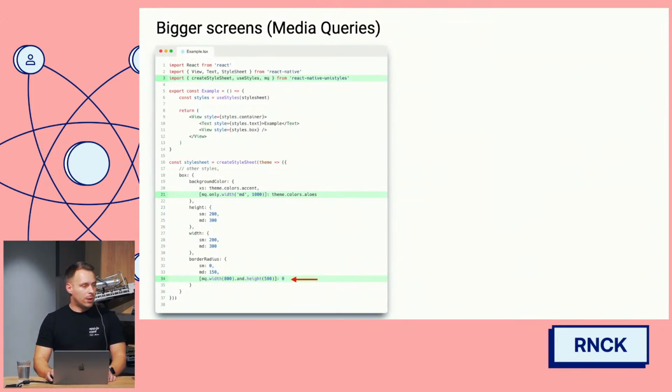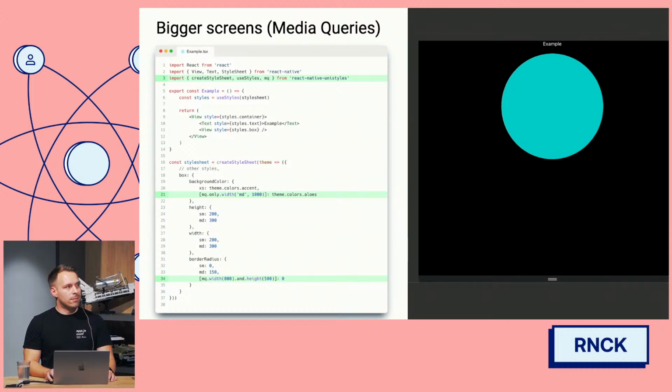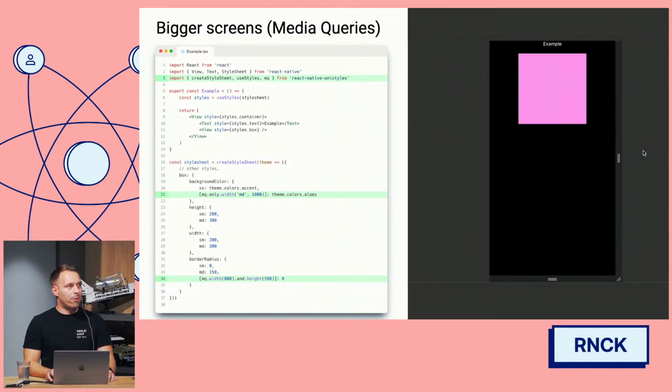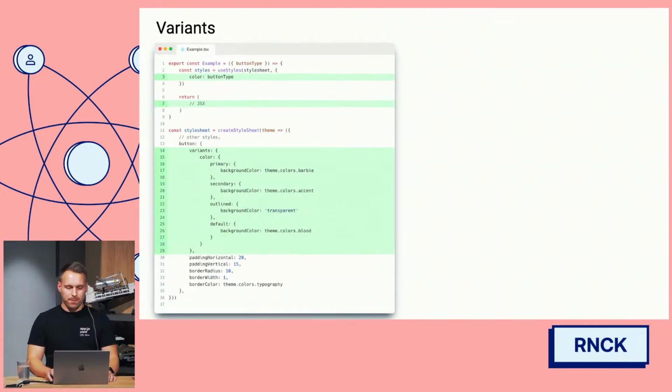So it will be border radius 0 for height bigger than 500. How does it work? We can show it with React Native Web. As you can see, there is no additional overhead. If you configure it once, you have multiple benefits.